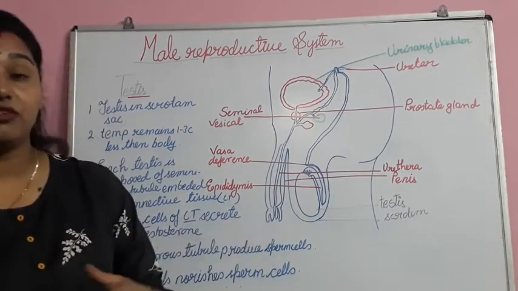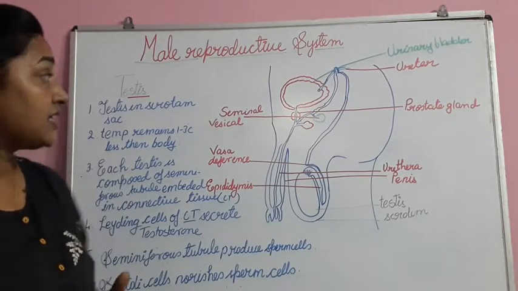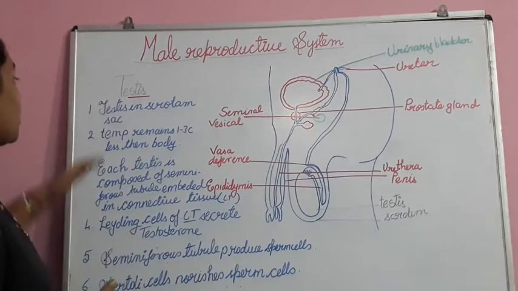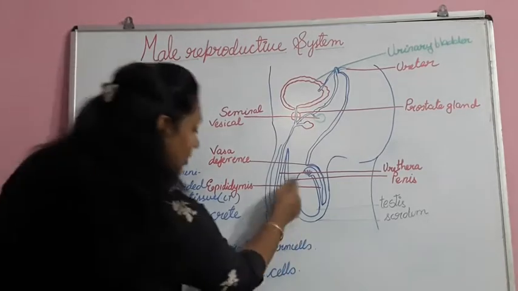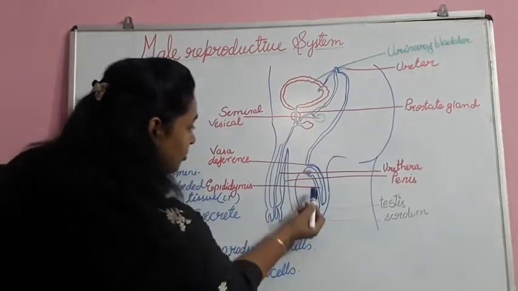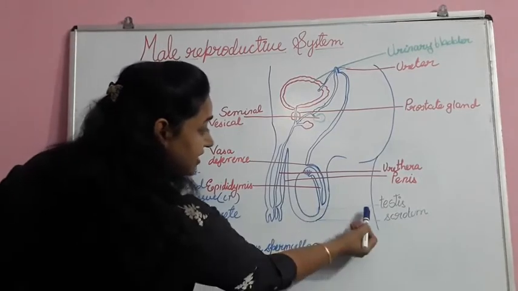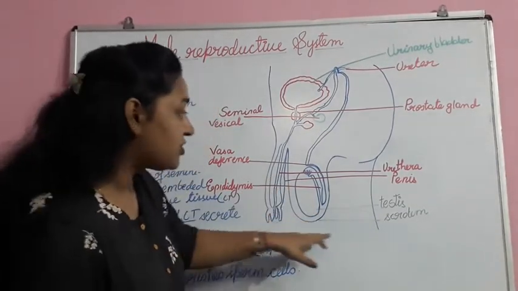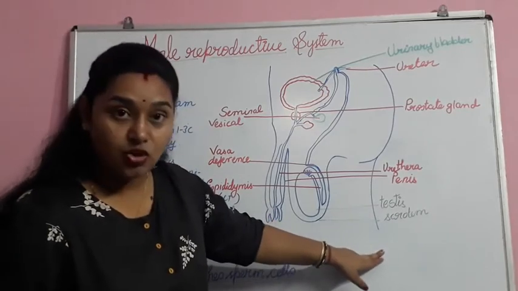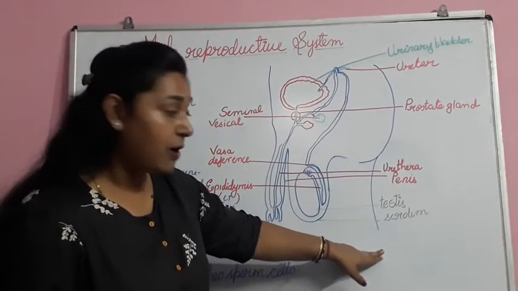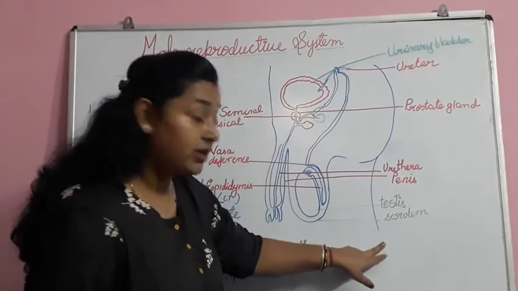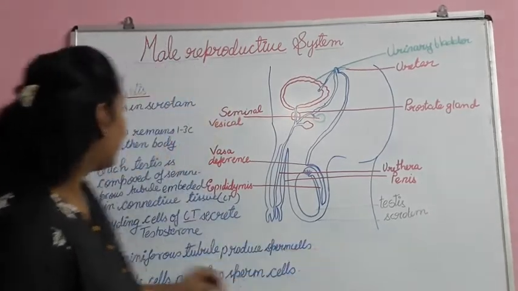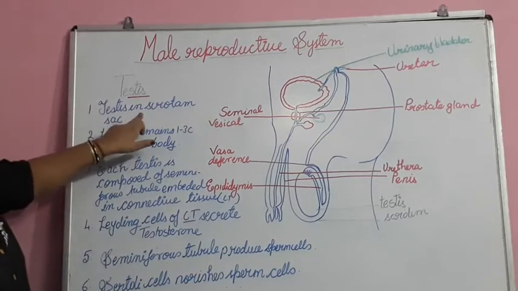This structure which you can see is the testis. The testis lies in a pouch-like structure called the scrotum. This is the wrinkled pouch structure. Inside the scrotum, the testis lies.